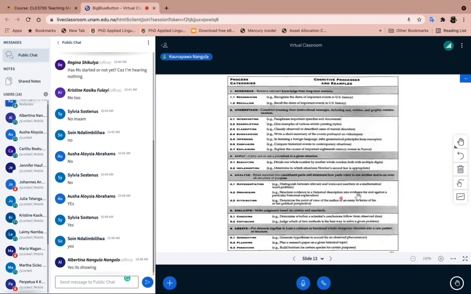And this is just another explanation from the authors of the book that has more details on the revised version of Bloom's taxonomy. I think you can read it on your own, and it's basically related. I mean, the sense and the meaning that we have here is the one that we have just covered earlier.